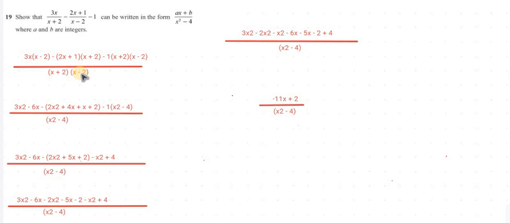So this is the LCM. We have it under here. Now, x plus 2 times x minus 2 divided by x plus 2 will just be x minus 2, and that will be multiplied by 3x. So we have 3x bracket x minus 2.